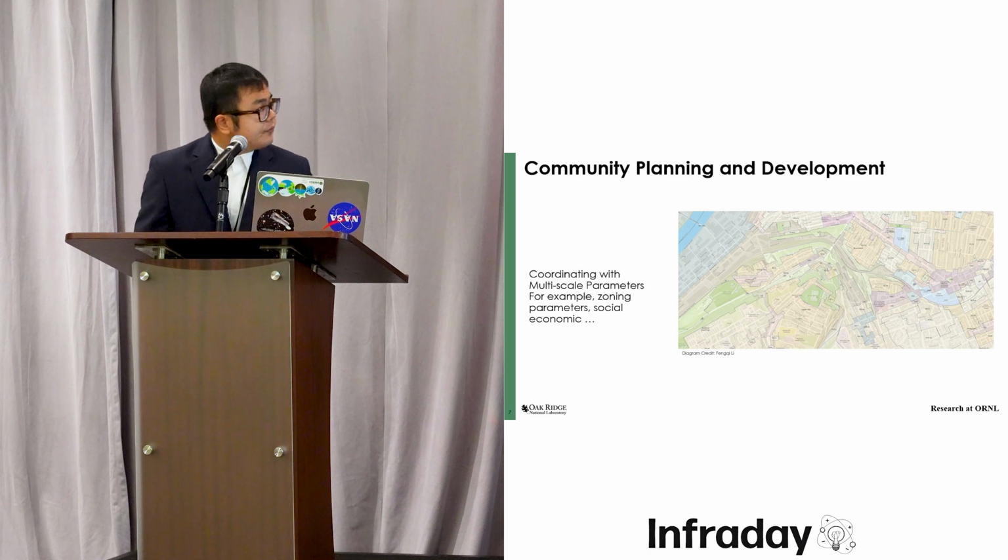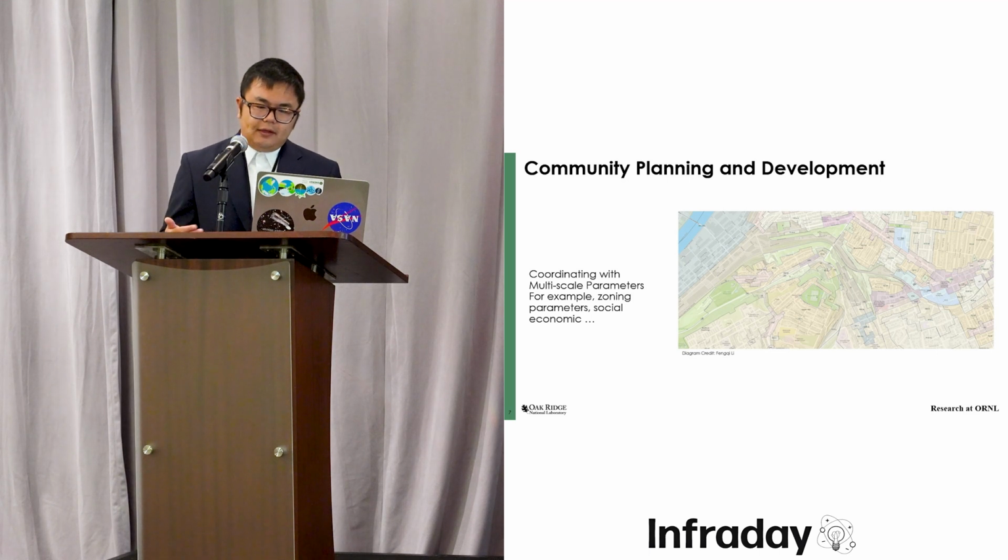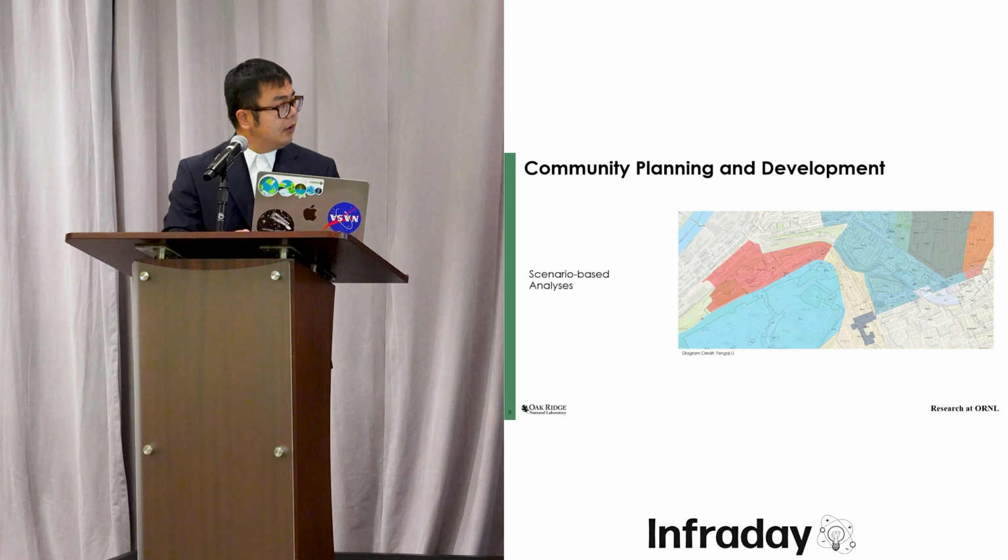So after getting basic information about the community, city planners would always like to do this kind of scenario-based analysis. For example, how this community would be developed based on future weather scenarios. What would be the possible way of dealing with future energy initiatives applied to the different communities.